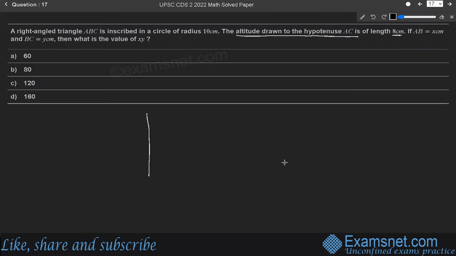The question says that there is a right angle triangle. So first let us make a right angle triangle. Let this triangle be the required right angle triangle, which is A, B and C. According to the question, BC is equal to Y centimeter and AB is equal to X centimeter. And this triangle is inscribed in a circle of radius 10 centimeter. So somewhere here there might be a circle in this way.